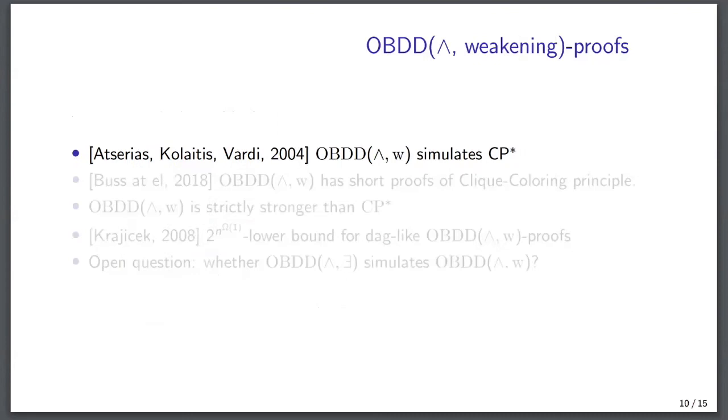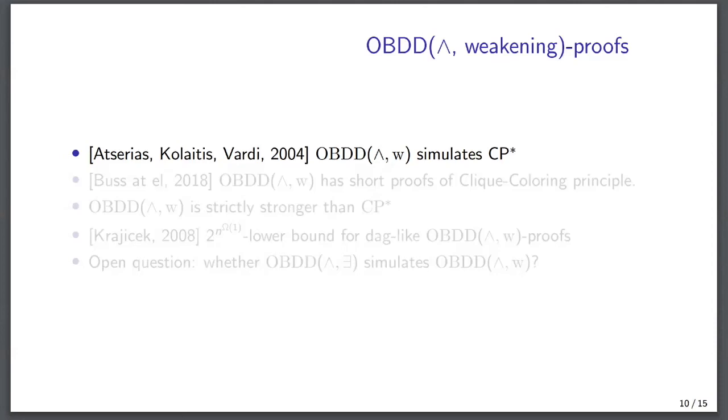Okay, and the next proof system is OBDD and weakening. As I already said, the projection rule is a partial case of weakening, hence this proof system simulates the previous one. And for this proof system it is known that it simulates cutting planes with small coefficients.